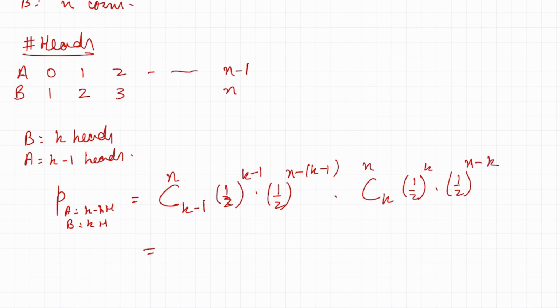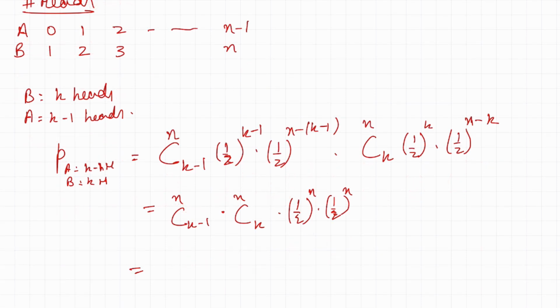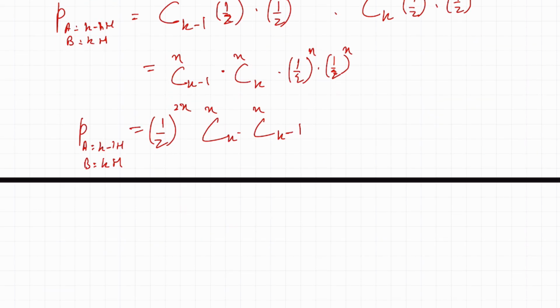If you simplify this formula further, you get n choose k minus 1 times n choose k times half to the power n times half to the power n. This becomes equal to half to the power 2n times n choose k minus 1 times n choose k. So this is the probability that A gets k minus 1 heads and B gets k heads in the first segment.